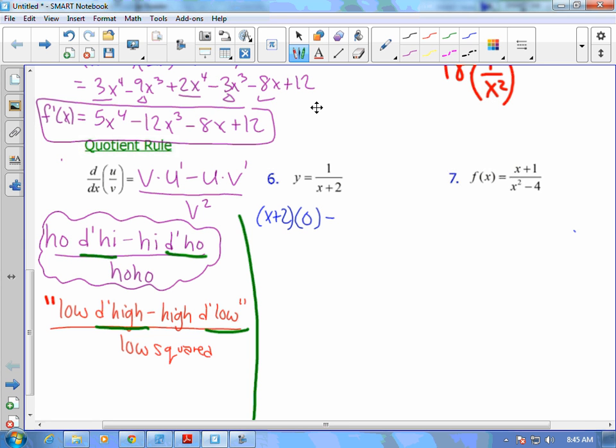Minus high, which is 1, times the derivative of the low, which is x plus 2's derivative, 1, over ho ho, x plus 2 squared. Which is nice, because multiplying by 0 cancels out. So I get y prime, and that was a bad example. I'm going to put y prime equals negative 1 over x plus 2 squared.